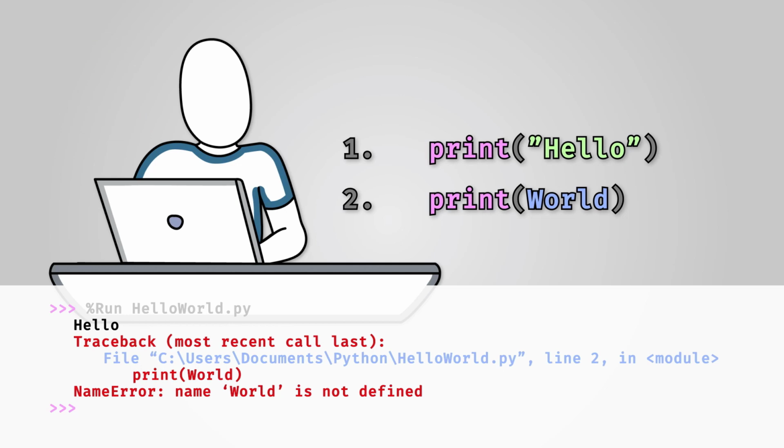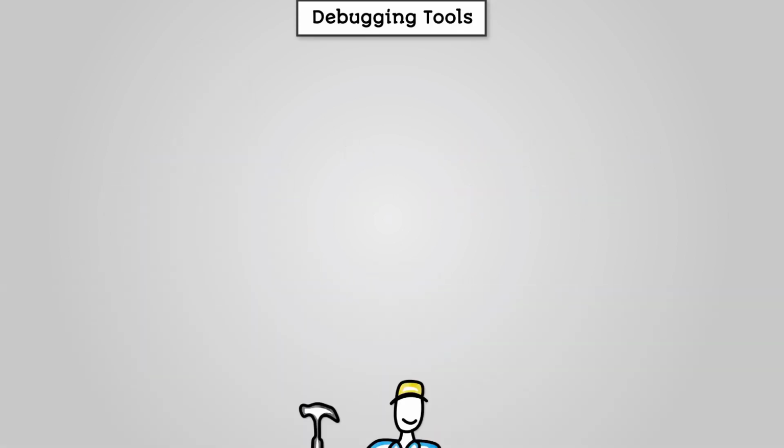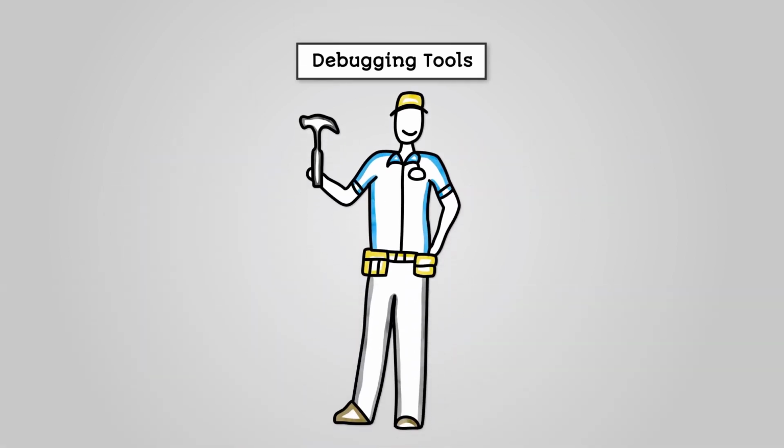The program doesn't know what "world" is. Notice that the Python program has identified that there is a problem and has identified where the error has occurred, it says line 2, and identified the type of error, it says NameError, name 'world' is not defined. Programming IDEs have debugging tools to help find and correct errors by identifying information like the above. We'll learn more about this later in the course.